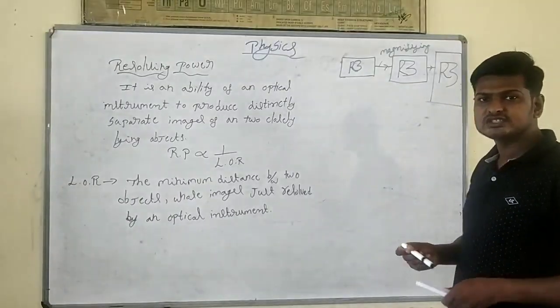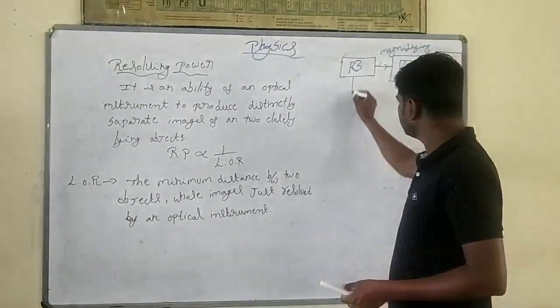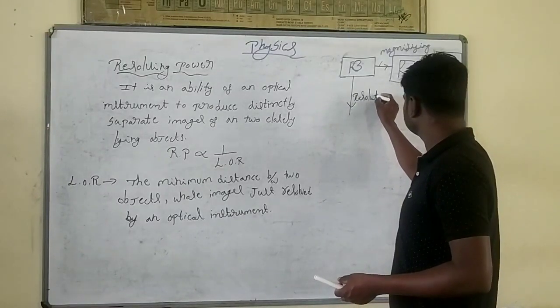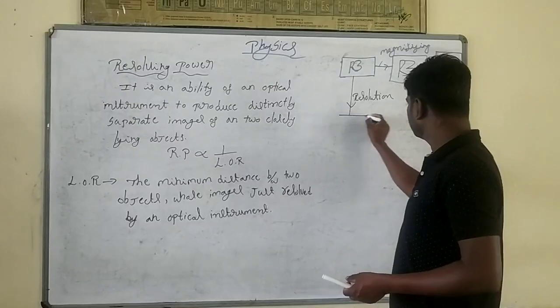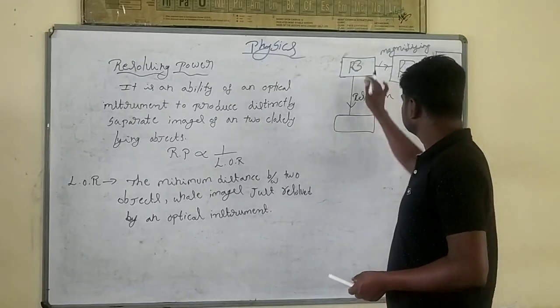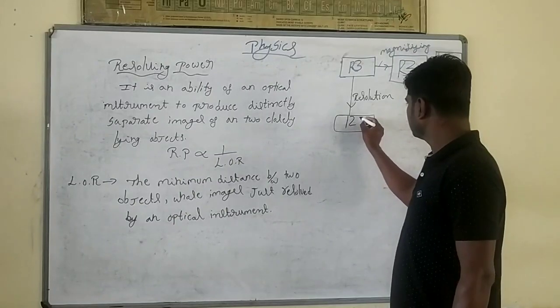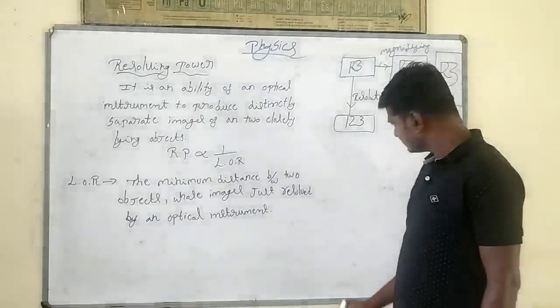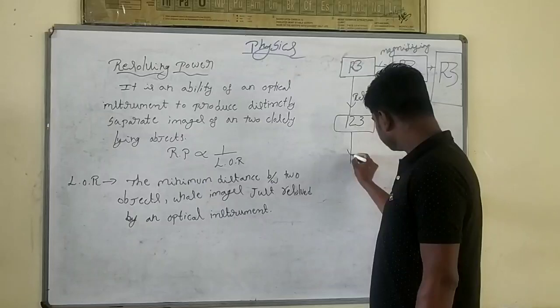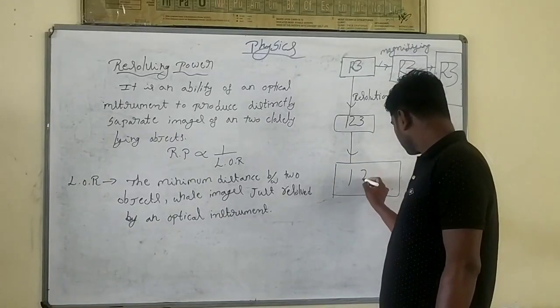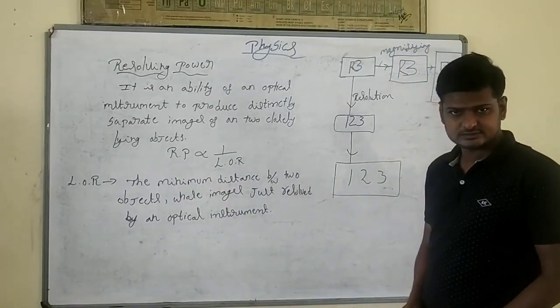Now I am going to resolve. Resolve means resolution. When I resolve, what will happen? Say this is O; it is going to produce an image like this. Again I resolve, and it is going to look like this.